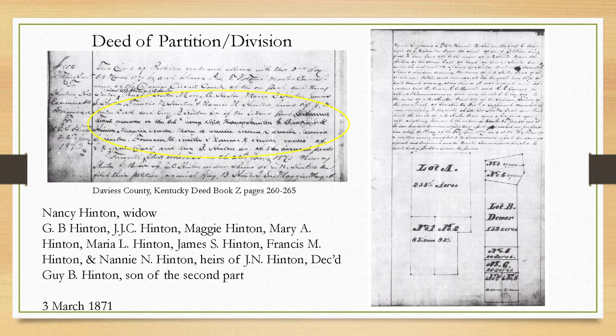You get his widow's name, and then these are all of his children here. And this deed actually goes on for 5 pages because it was a lot of land, but then you get these fun drawings over there. And with this, sometimes you will see siblings going to court and getting the land from siblings.